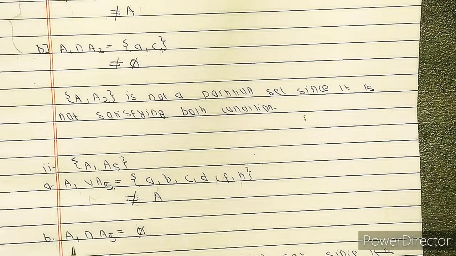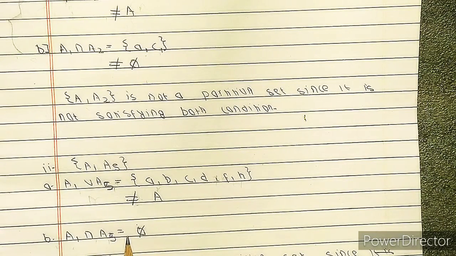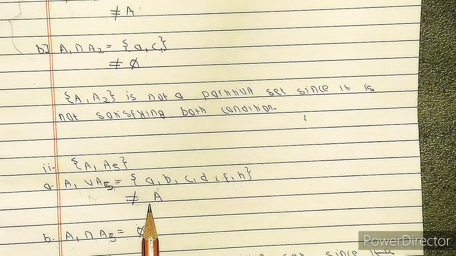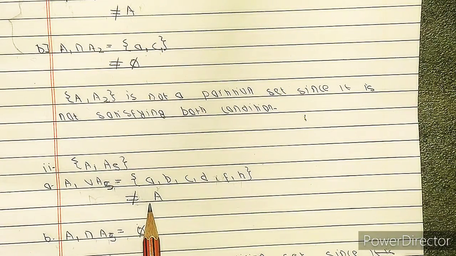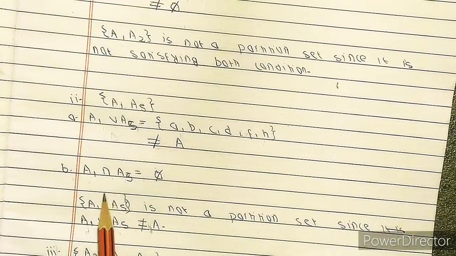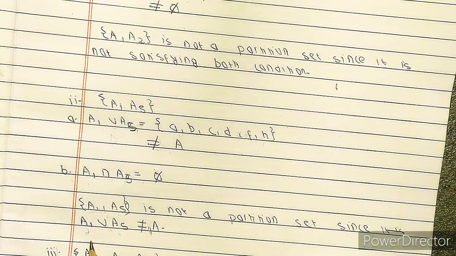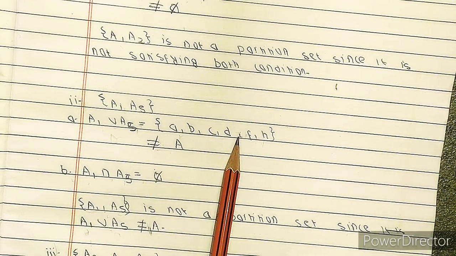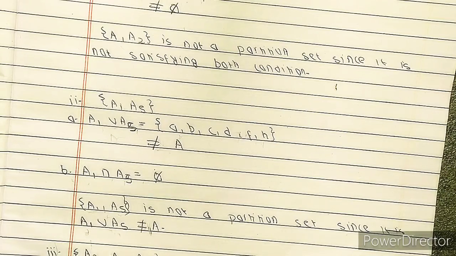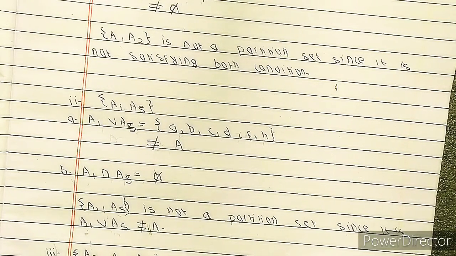If you do the second condition, A1 intersection A5 comes equal to phi, but condition number 1 is already unsatisfied, so it is not a partition of the set. You can conclude here that A1 and A5 is not a partition of A since A1 union A5 is not equal to A, because E is missing.